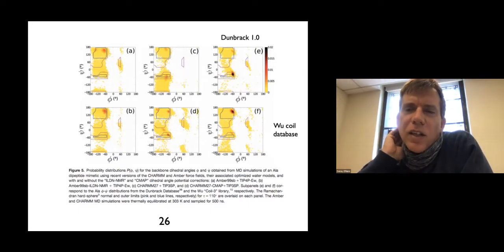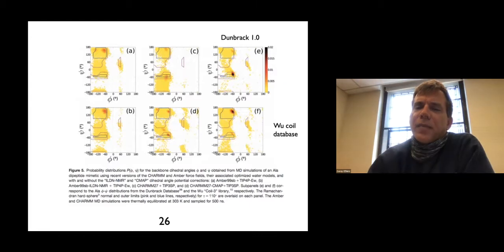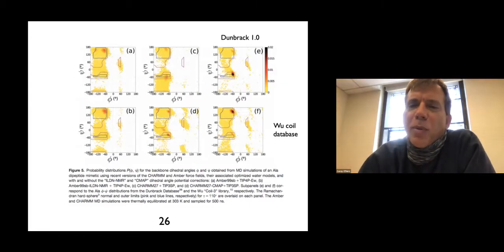And so you see here, I actually plot a probability density where the color determines the probability of having a particular phi and psi. So for example, yellow is relatively low probability, whereas red and black is much higher probability. And so then this strong peak at alpha helical values shows up.